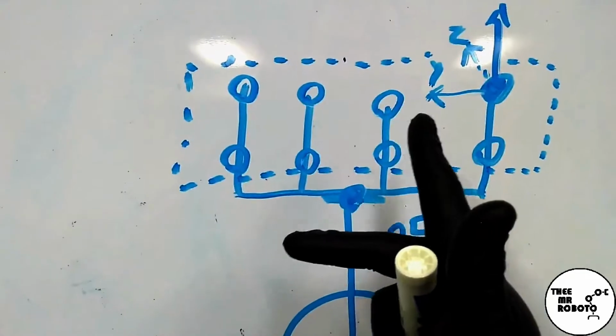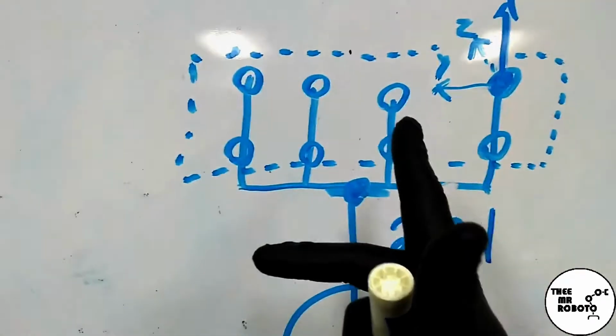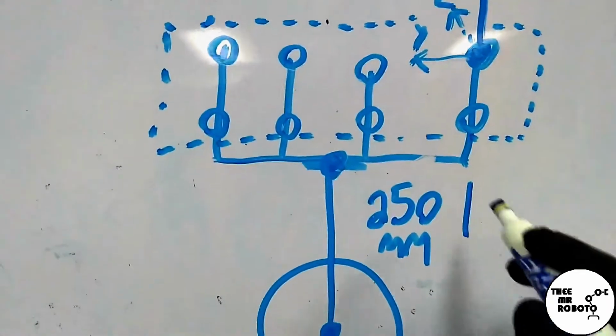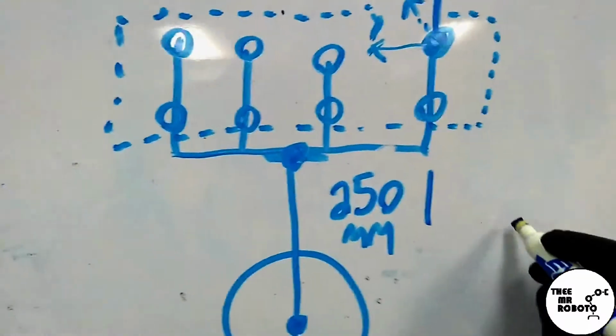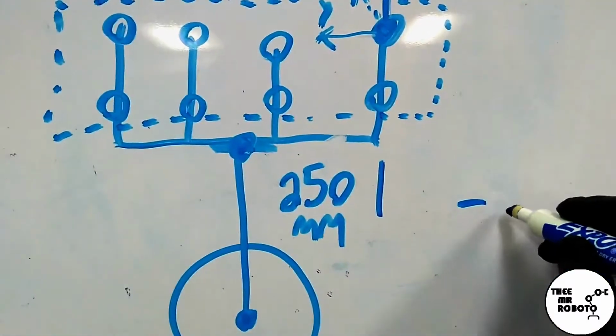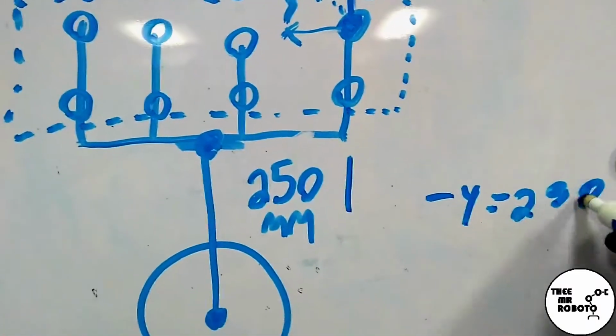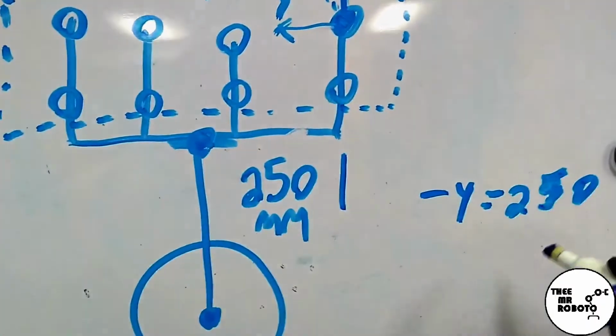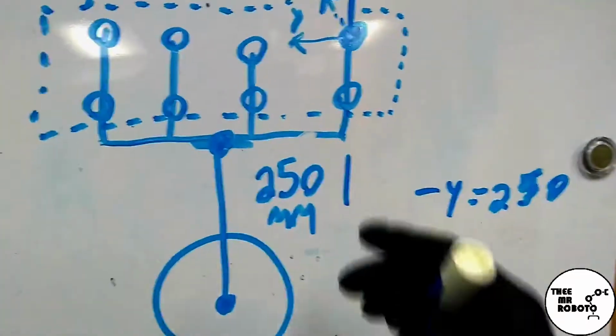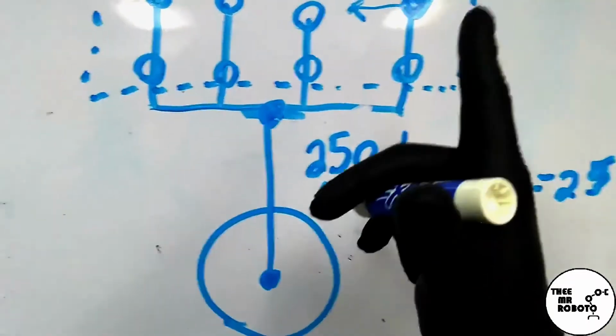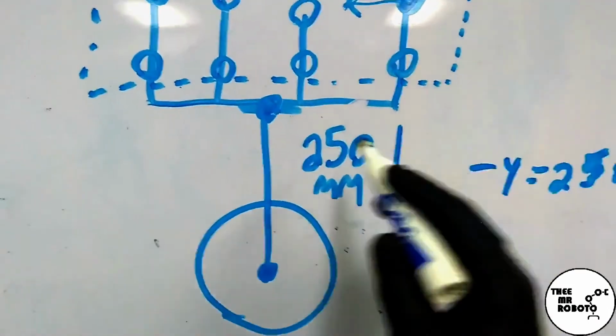Remember the positive, negative. Positive is the way that your fingers are pointing. So this would have a negative y equal to 250, okay? It would have a positive x, okay?